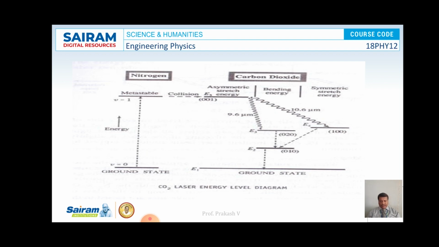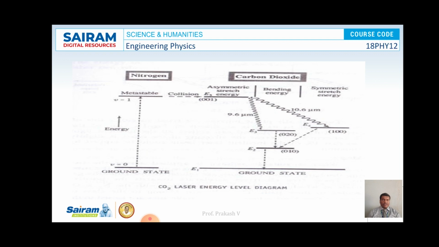Since the excited level of nitrogen is very close to the E5 level of CO2, the population of CO2 in the E5 level goes on increasing. As soon as the population inversion is achieved, any spontaneously emitted photon triggers the laser action. There are two types of laser transition.